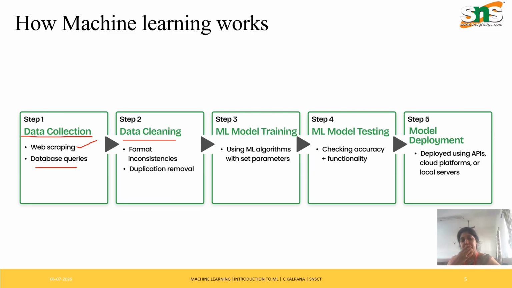That leads to issues when you do not clean or correct the data properly. So you clean the data in the sense that it should be in the proper format, then only you can process it. You remove duplicate data, if data are repeated. If you have any missing field, you fill it with the correct value. Those things we do in the data cleaning process.